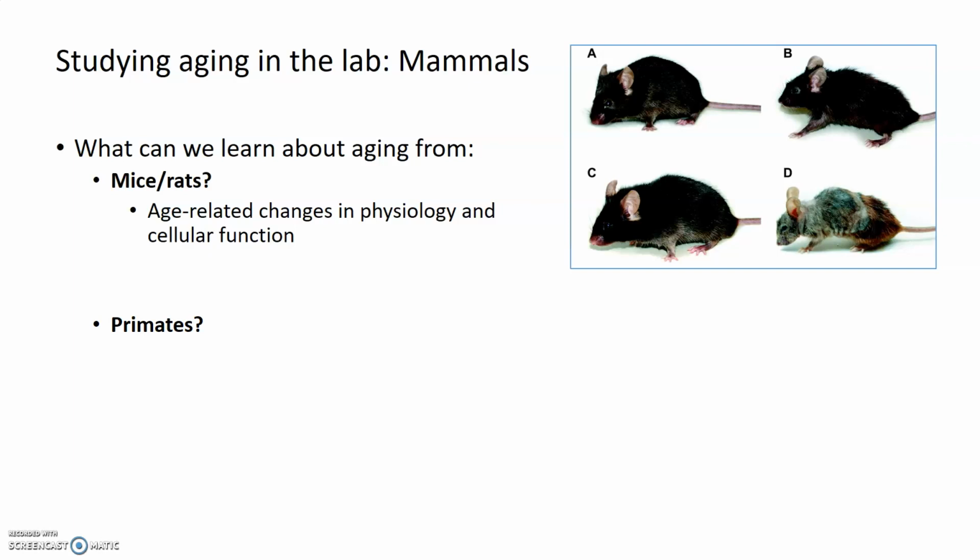And so we can look at the age-related changes in the physiology, muscles, motor function, brain function, as well as in cellular function, and make some conclusions from that. And so you can see here, one thing that you might notice is the graying of the hair. That's one of those physiological things that we can study using mice in the lab.